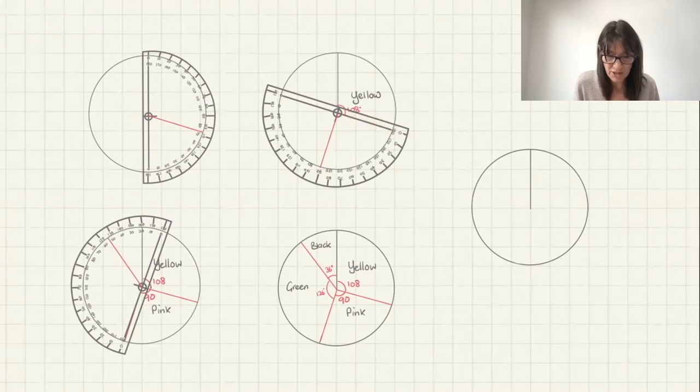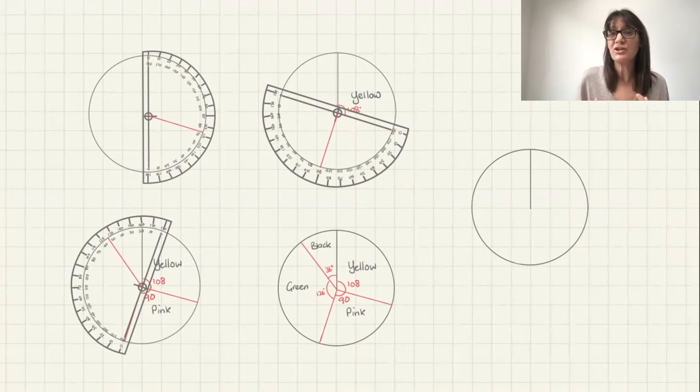You can't see it very easily because my protractor is covered over the top. Line up exactly over it, that's 0, then measure round. I'm drawing a 90-degree angle, mark it on, and then use the new line to draw the next section, and so on. So hopefully that's useful.